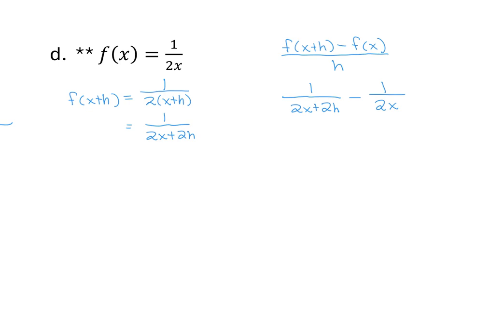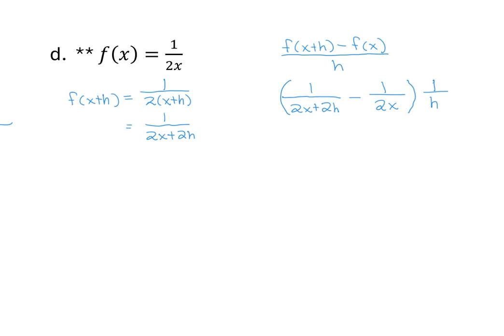And we want to divide this whole thing by h. Now, if you remember when we talked about fractions, if you want to avoid complex fractions, what we can do is instead of dividing by h, we can multiply by 1 over h. I don't like complex fractions, so this is my way to avoid them.